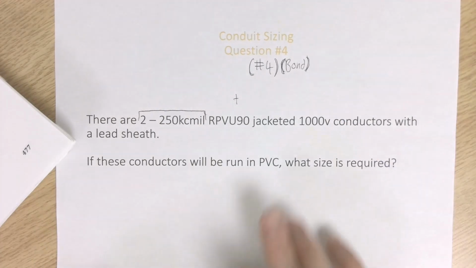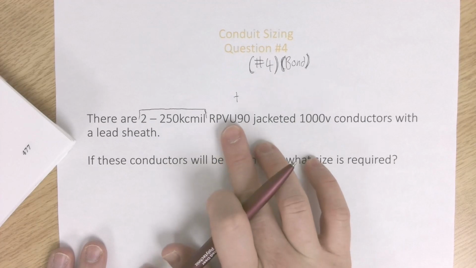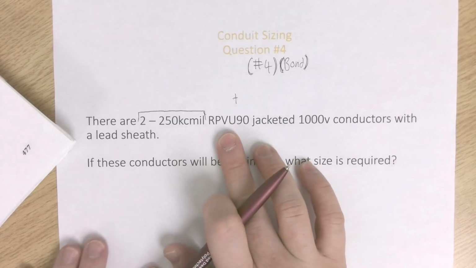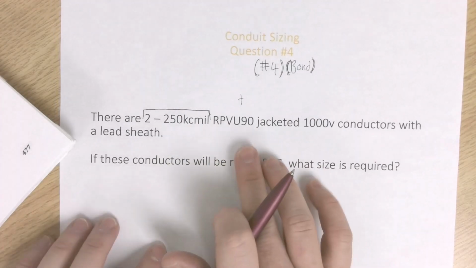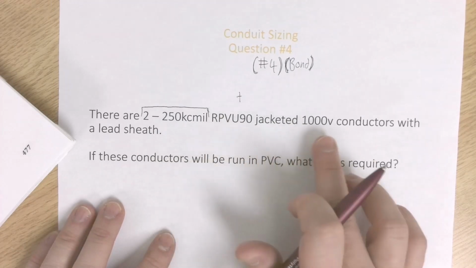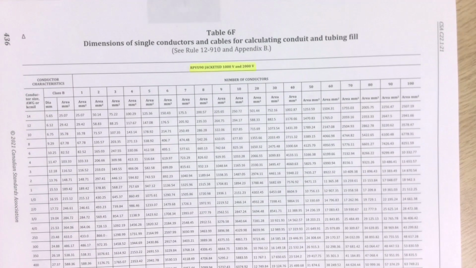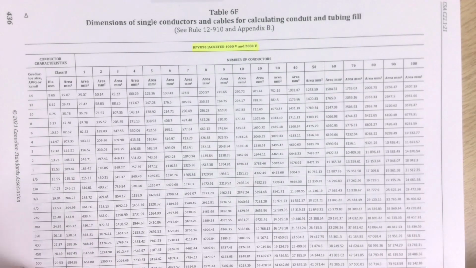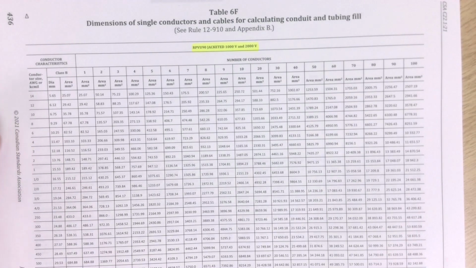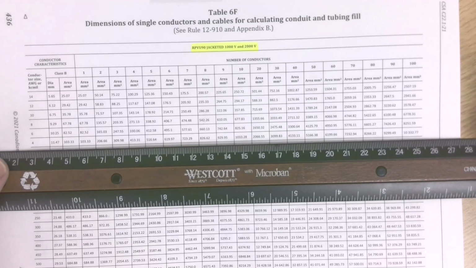So now I'm going to find which of the Table 6 tables, or categories, or columns, whatever, has RPVU 90 jacketed 1000 volt. So I found it on Table 6F. And I know I have one number 4. That's my bonding conductor.